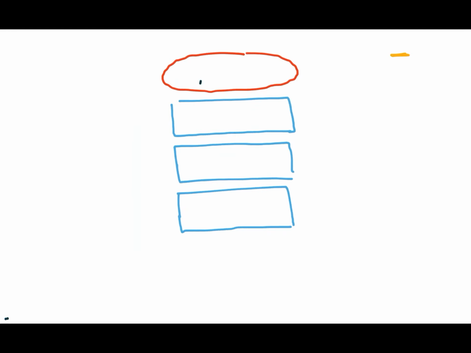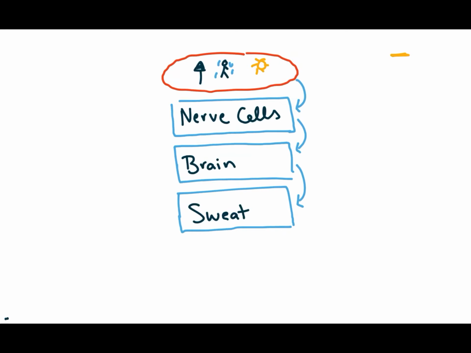In this scenario, excessive body temperature was the stimulus, which in turn triggered the nerve cells. That triggered the brain. That told your body to sweat. Your brain being the control, sweat being the effector. That brings your body back to a normal set point.